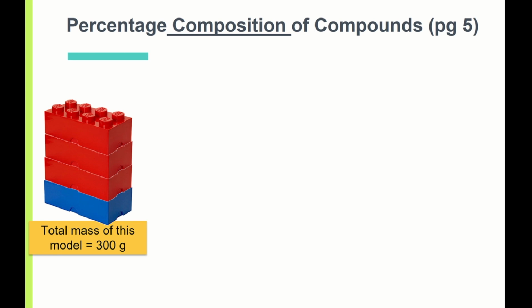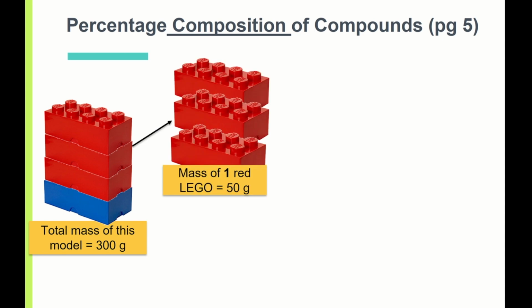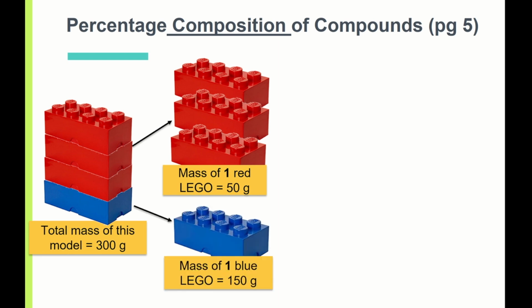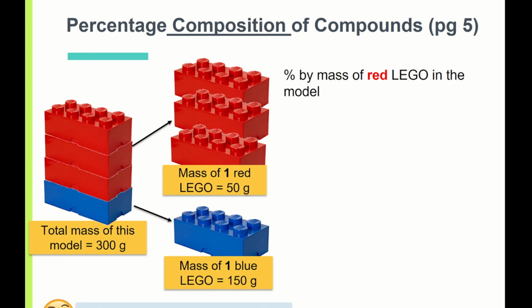Now I have this model, 300 grams. Likewise, no change. For the red one, it is 50 gram, and for the blue one it is 150. If I ask you the percentage composition of the red Lego brick, what will your answer be? How do you calculate your answer? You will use 50 grams times 3. So 3 Lego bricks, total mass of the red one is 150 divided by 300 grams.